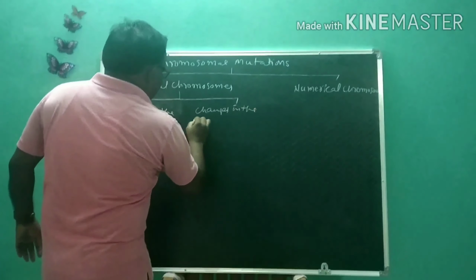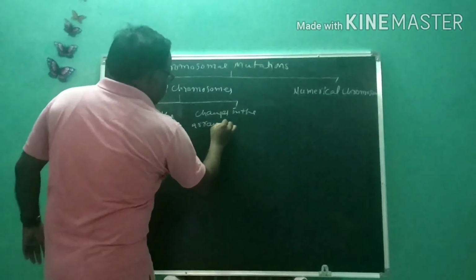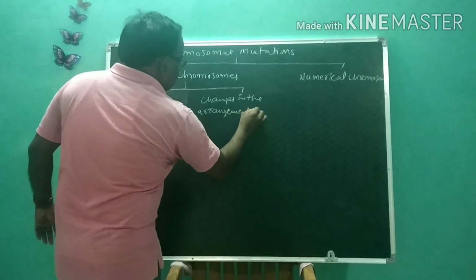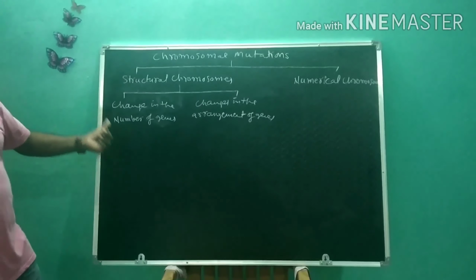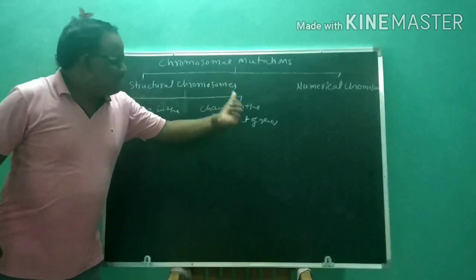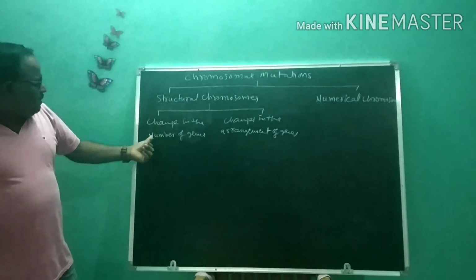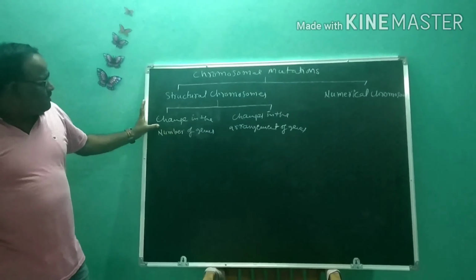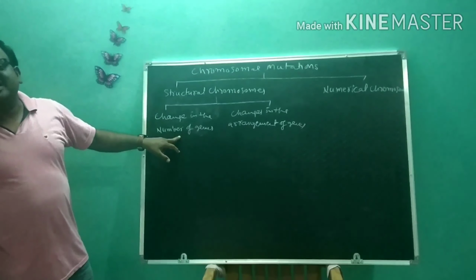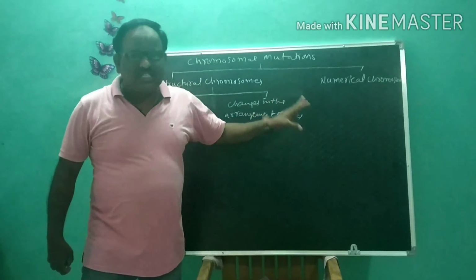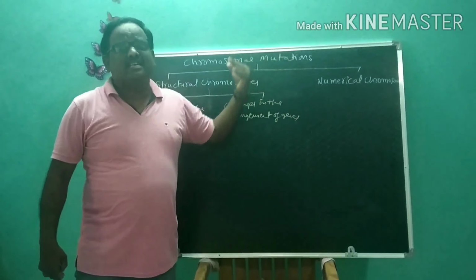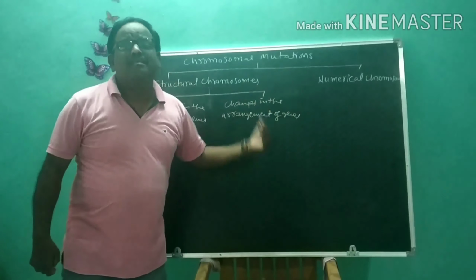With changes in the number of genes, the amount of genetic material can change. But with changes in the arrangement of genes, there is no change; the genetic material remains the same.